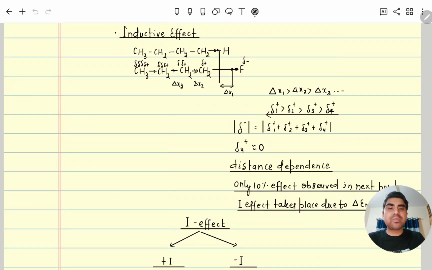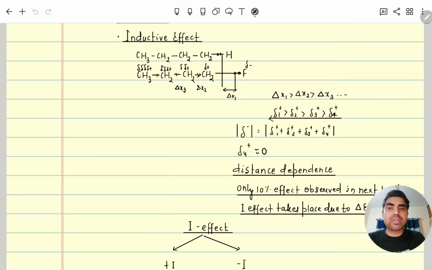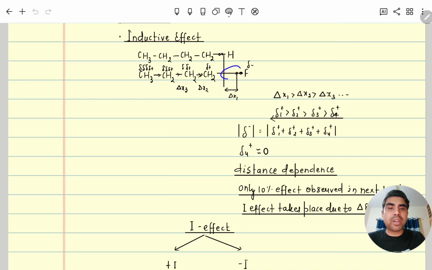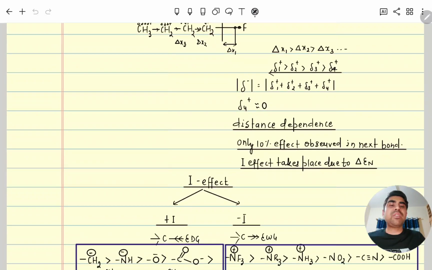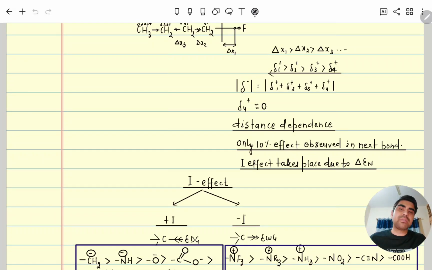What it is telling is that suppose here the electron is displaced 100 amount, then only 10% is displaced here, meaning 10. It's 10%, like 0.1, 0.01, like that. So after the third carbon, it will almost be 0. Understood? So only 10% of the effect will be passed forward.